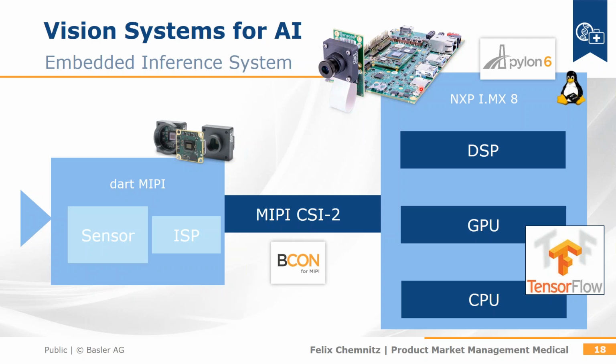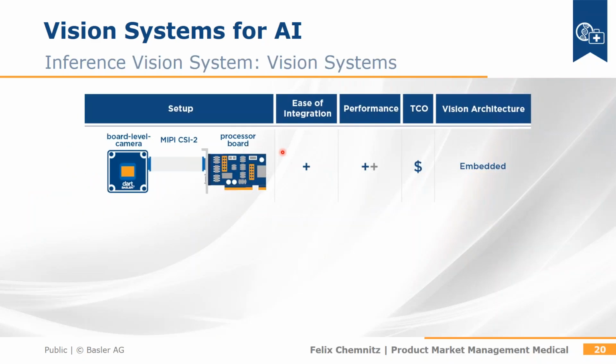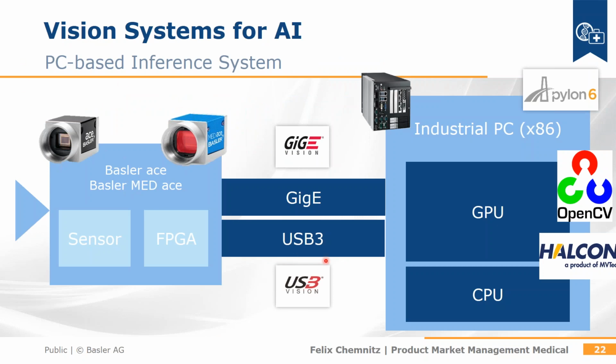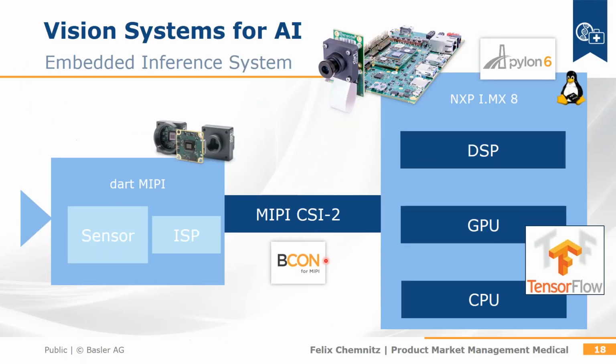Which cameras for embedded applications are included in the Basler portfolio? We have different cameras. This is the Dart series, which is the most common for use with the embedded boards, but there's also the ability to use ACE cameras connected via USB 3 to embedded boards like the Jetson TX2 from NVIDIA or this NXP IMX8 board.